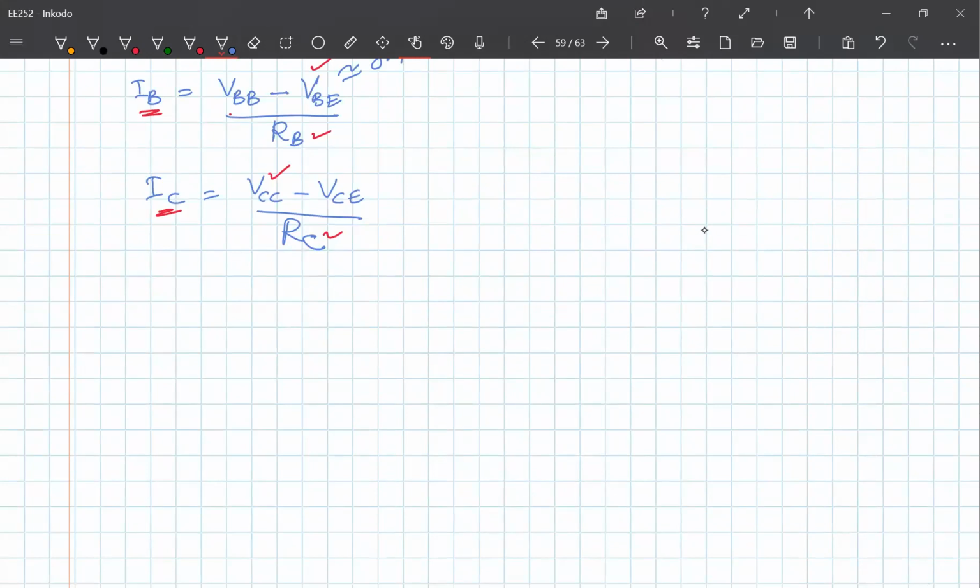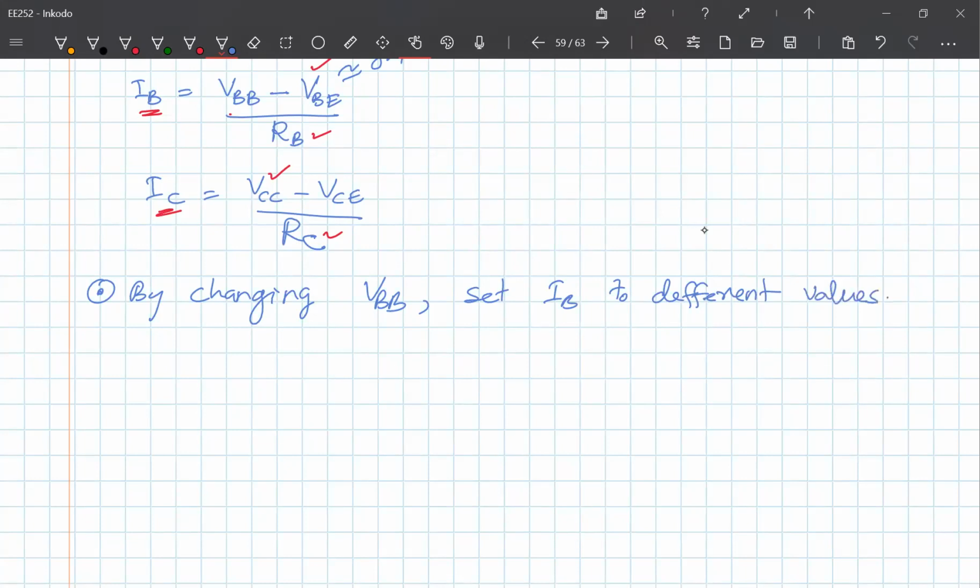Right, so what happens is, by changing VBB, we can set IB to a desired value, to different sets of values, right?